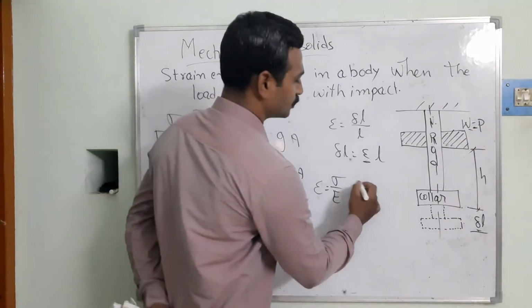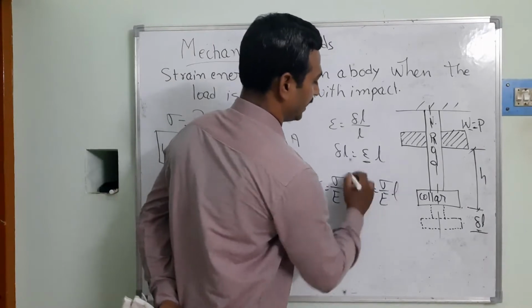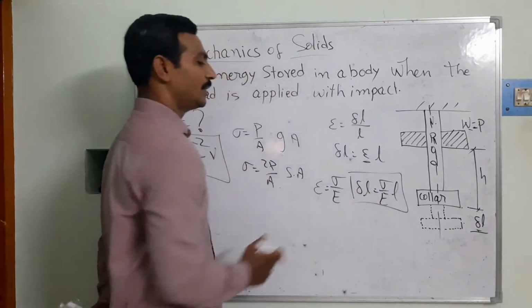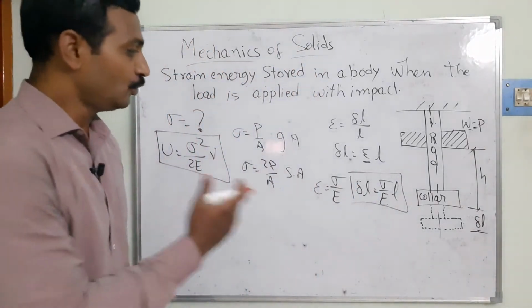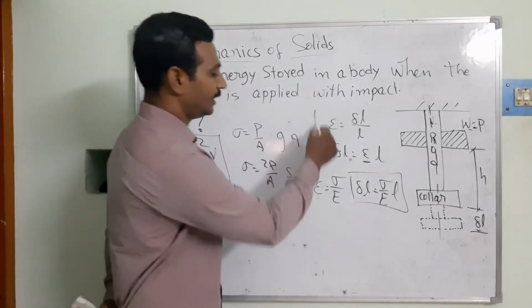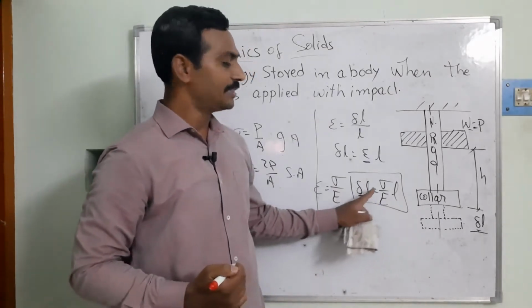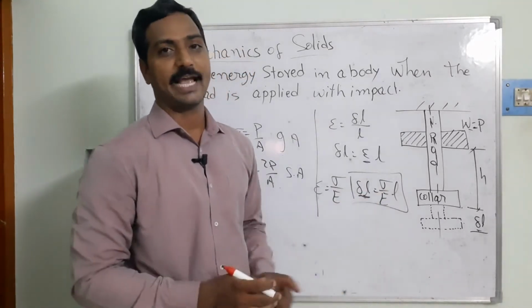Substituting that here, del L is equal to sigma by E into L, right? Once we get this, I can use it in the next equation. So now we got del L, the elongation, defined in terms of the stress as well as the Young's modulus.